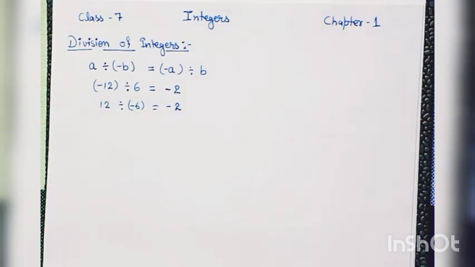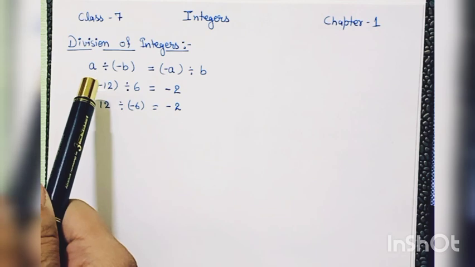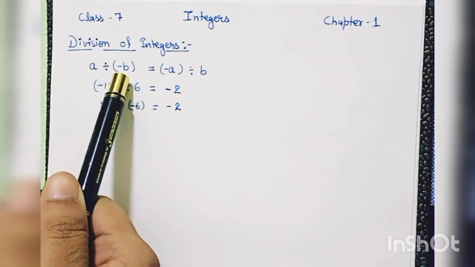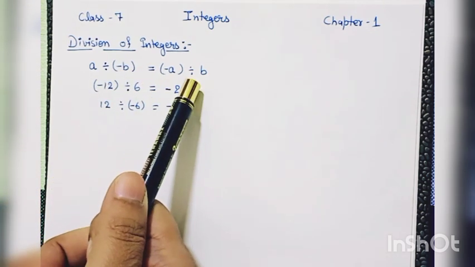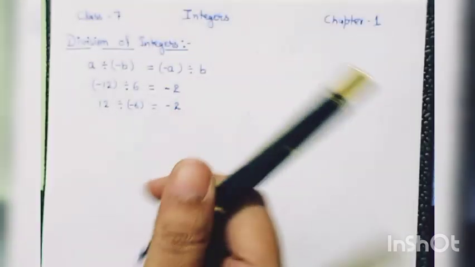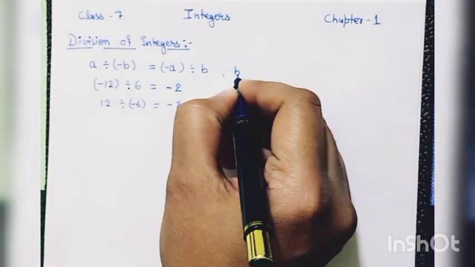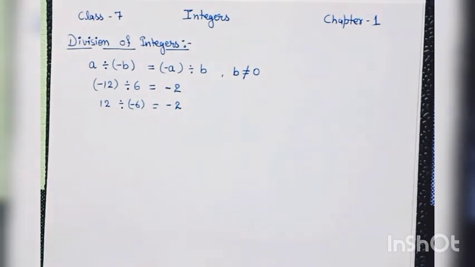So the first property of division is that either a divided by minus b or minus a divided by b, both have the similar answer, where b will not equal 0. The condition will apply.